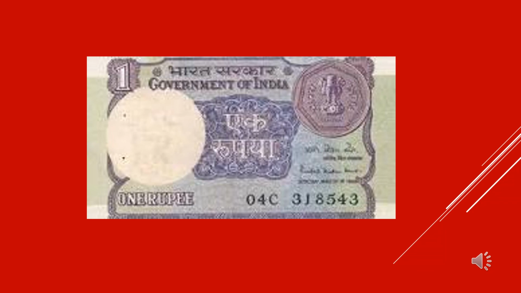So it should be an 1 rupee note because it is starting with the letter O. But no, it might be starting with O, but the sound, it is giving a consonant sound. That is V, 1 rupee note. It is V sound.